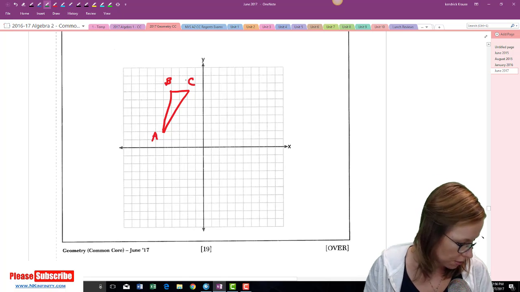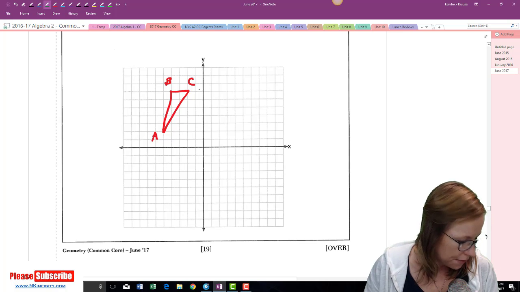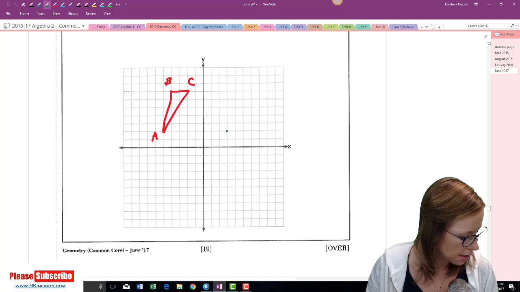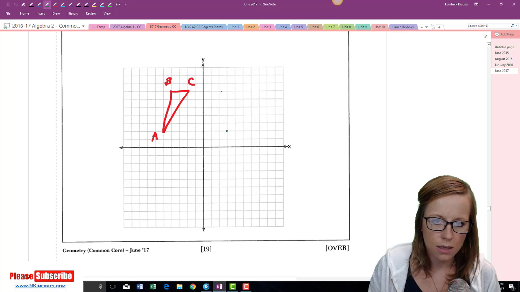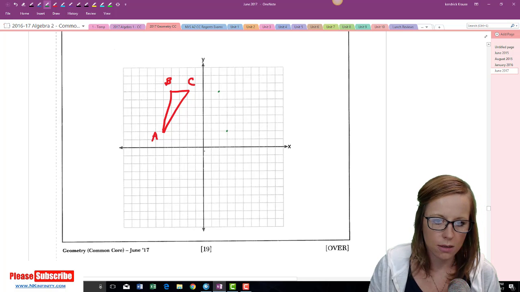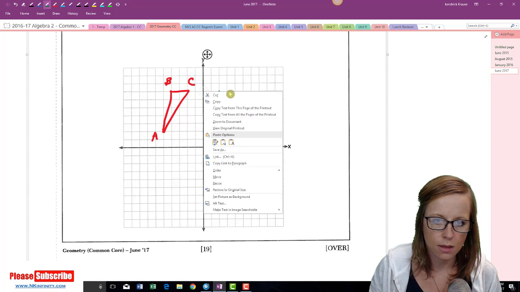I'm going to use green for the other one. DEF: (3, 2), (2, 2), (2, 7), and (0, 7).